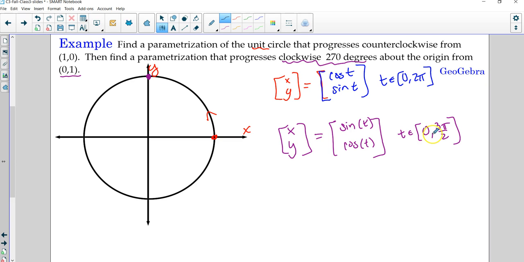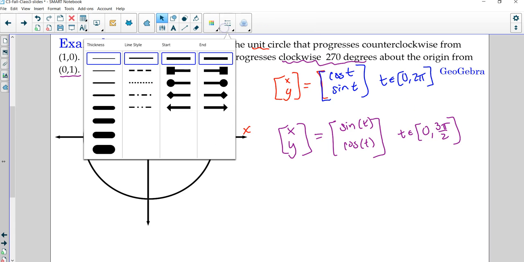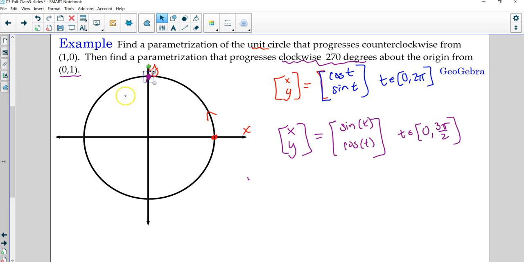Good. And then when we progress to pi over 2, I would start here, and then if I have t as pi over 2, I would be at 1, 0, so it would go down over here. So I am indeed going clockwise, which is good. And then we could just check a few more points just to ensure that we're not making any mistakes.